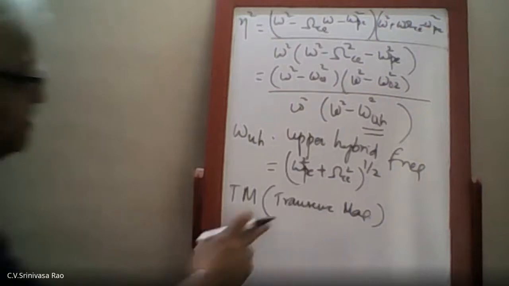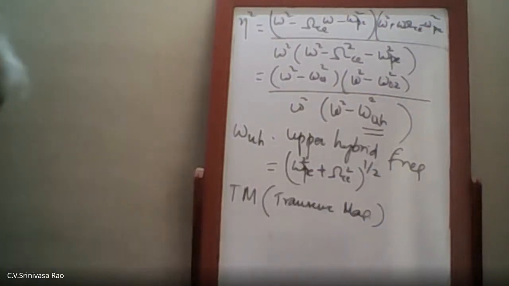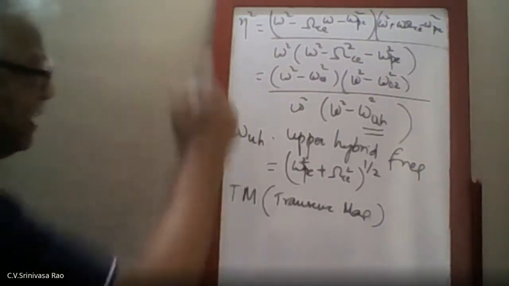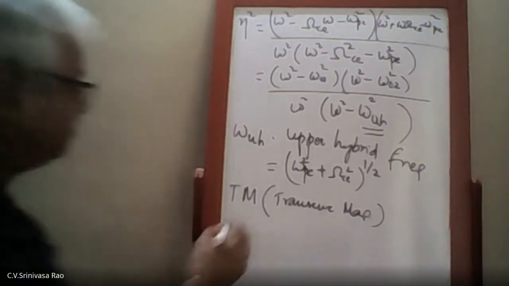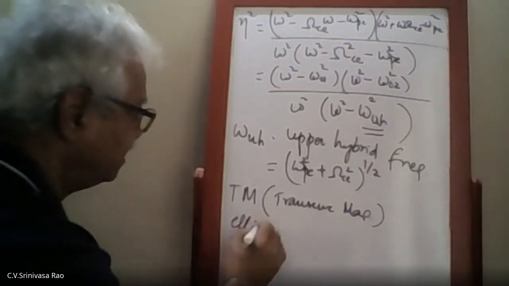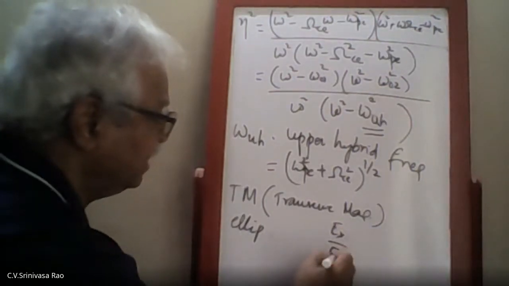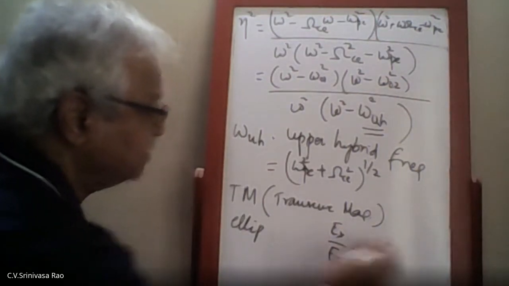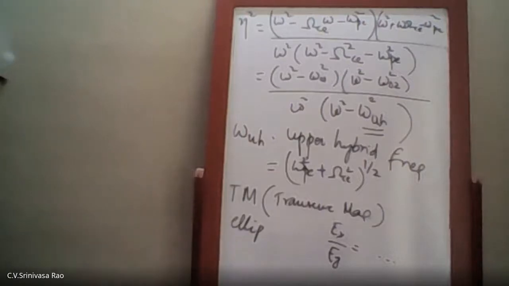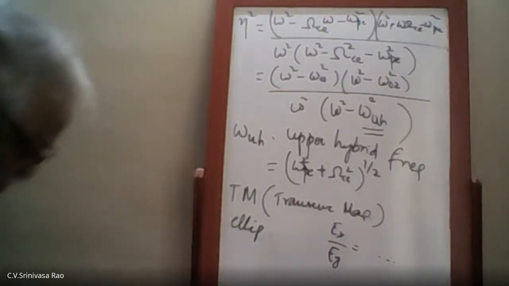And these waves are basically elliptically polarized. In the earlier case we had a linearly polarized wave. If you do Ex by Ey, this will give you certain terms, and that will tell you whether it's a circularly polarized wave, a linearly polarized wave, or an elliptically polarized wave.